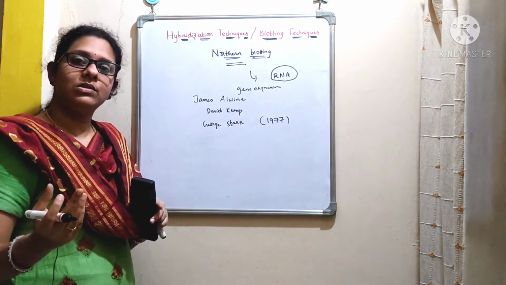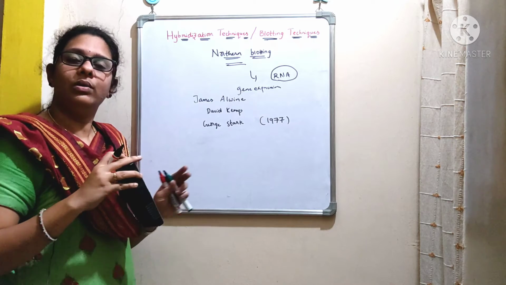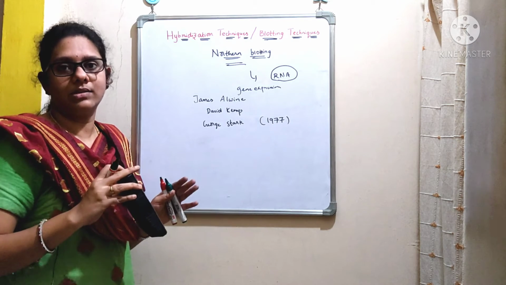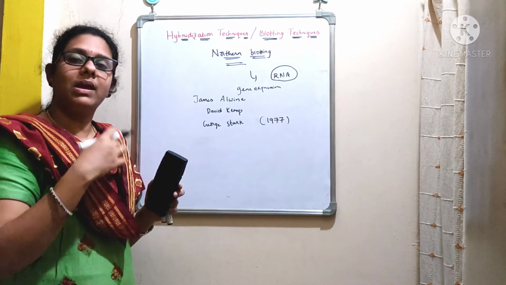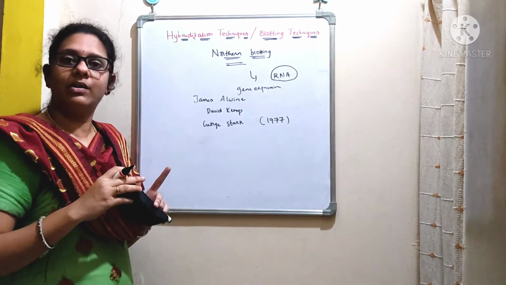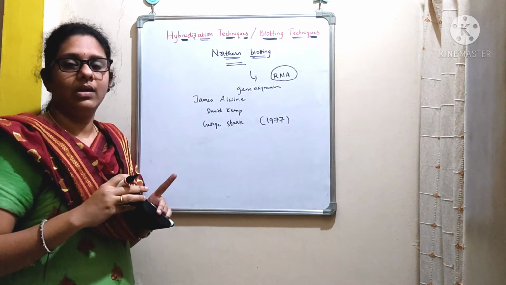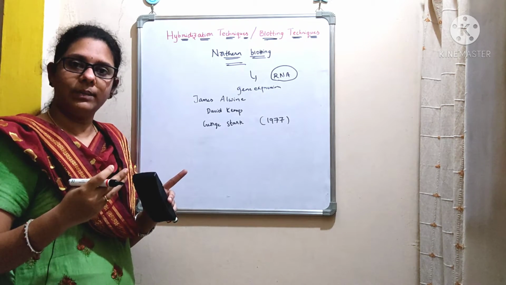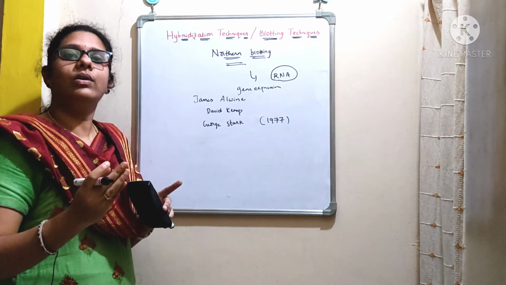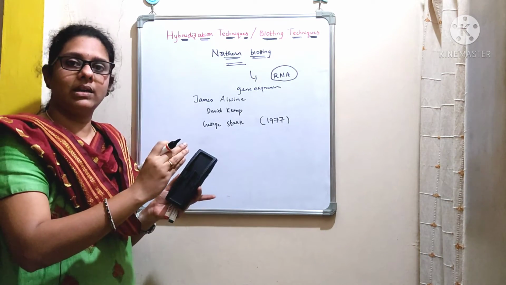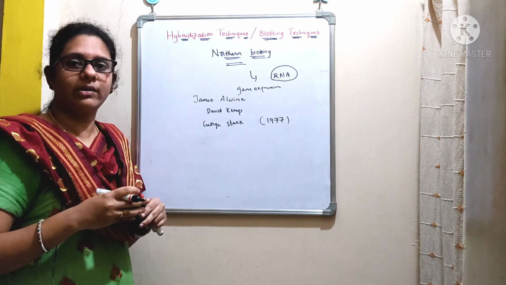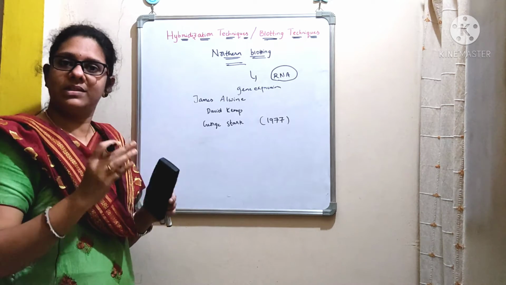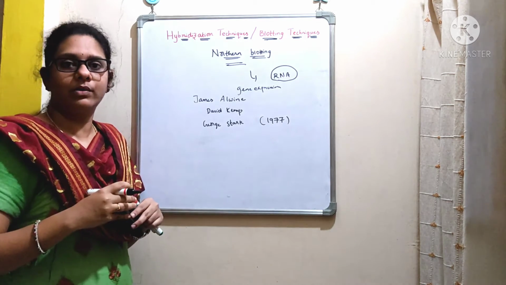After the isolation of RNA, you don't need any restriction enzyme digestion, right? You are going to separate the RNA based on size with the help of agarose gel electrophoresis. After you separate the RNA based on size, you are going to transfer the RNA onto a nylon membrane, or you can also use a nitrocellulose membrane, which is a replica of the agarose gel.